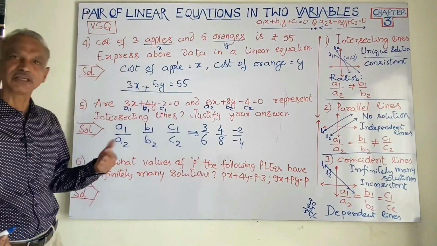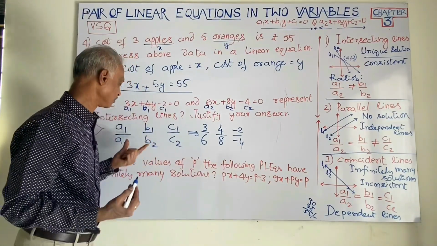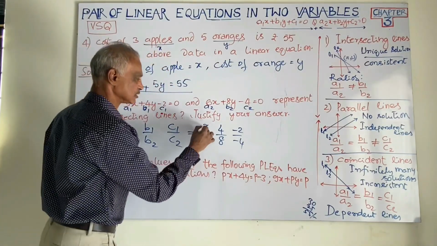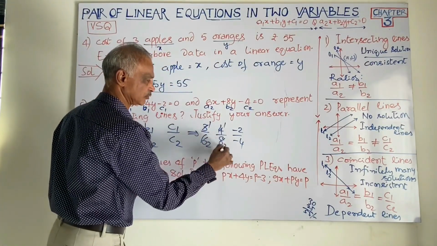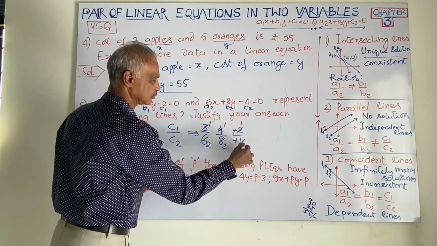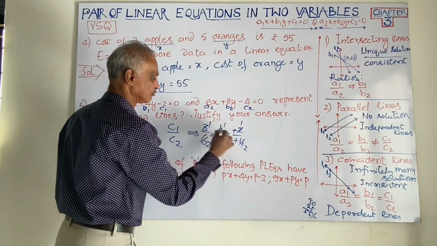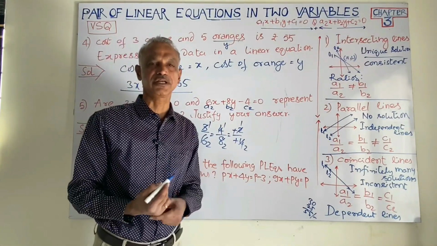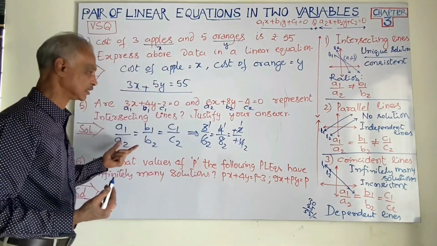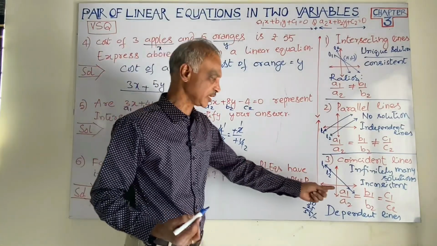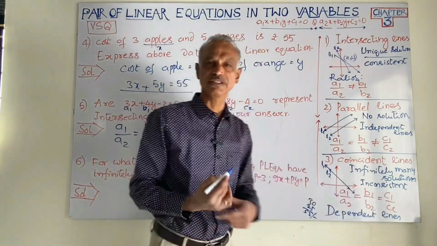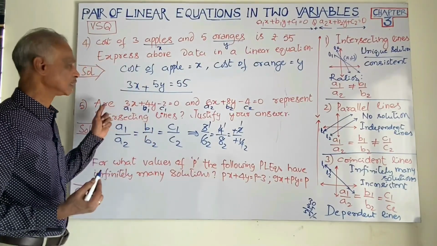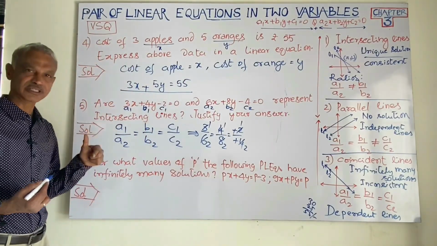Let us check whether they are equal to each other or A1 by A2 is not equal to B1 by B2. 3 1s are 3, 2s are 6. 4 1s are 4, 2s are 8. Minus 2 1s are 2, 2s are 4. All are equal to 1 by 2, 1 by 2, 1 by 2. All are equal to each other. The ratios of the coefficients are equal to each other. A1 by A2, B1 by B2 and C1 by C2 are equal to each other in coincident lines. These are not intersecting lines.